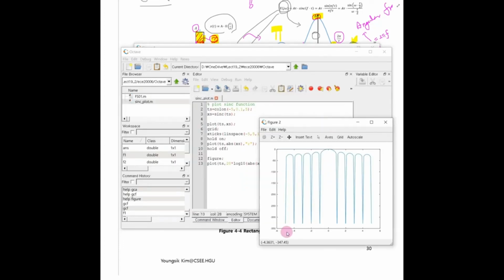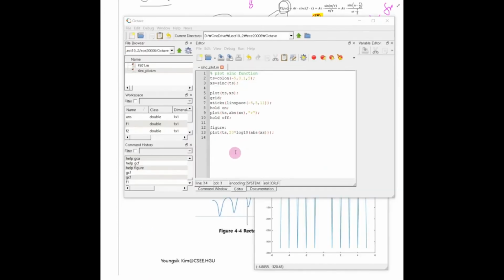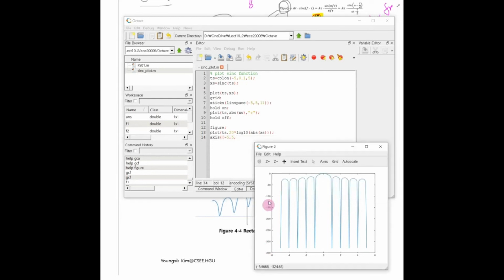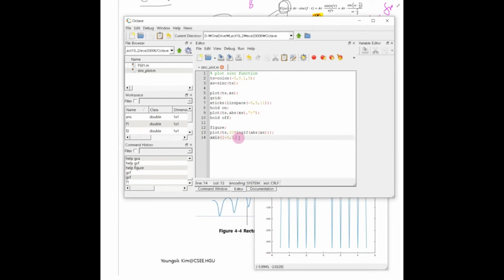Okay, the range is too large, so I need to change the axis range. The x range will be minus 5 to 5, and the y range is too large, so I set it from minus 50 to 10. Minus 50 to 10 is the y range.